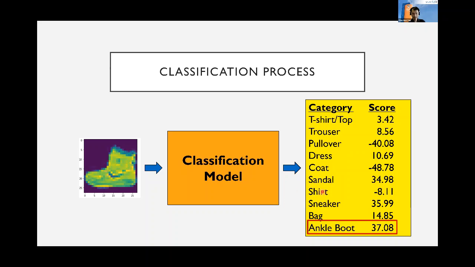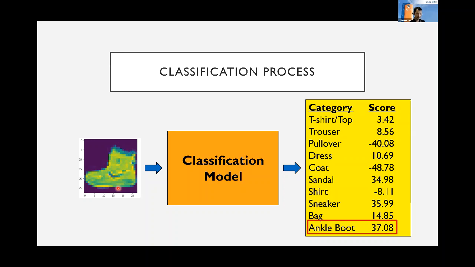Okay, and so how will the computer classify this image over here? The classification logic is going to be very simple. Since ankle boot has the highest score out of these 10 categories, I'm going to say that this image is most likely going to be an ankle boot. In this particular case, it's going to be correct. So essentially, that's how the classification process is going to be done.